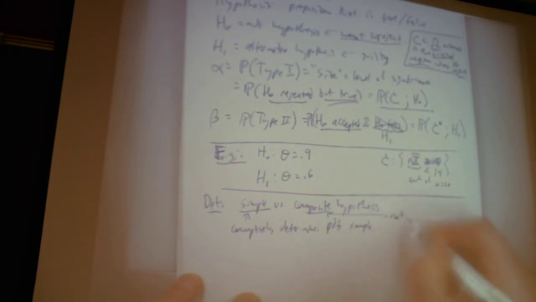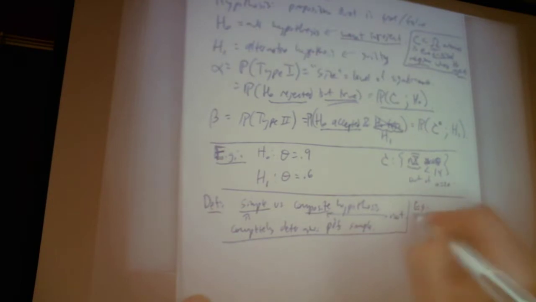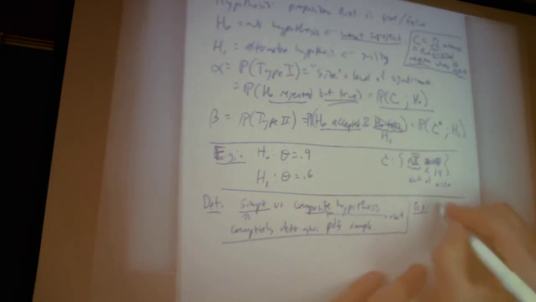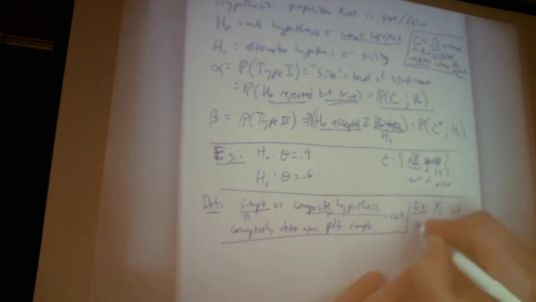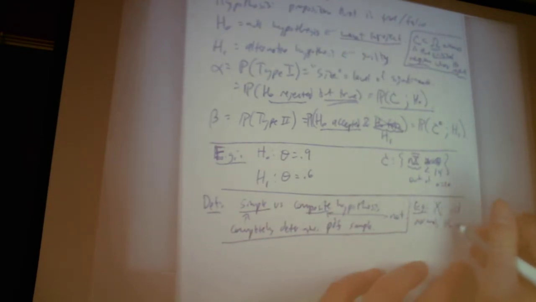So for example, let's give an example. You have normal variables. Your sample is IID normal. And you're going to test, your hypothesis is that mu is equal to mu 0.